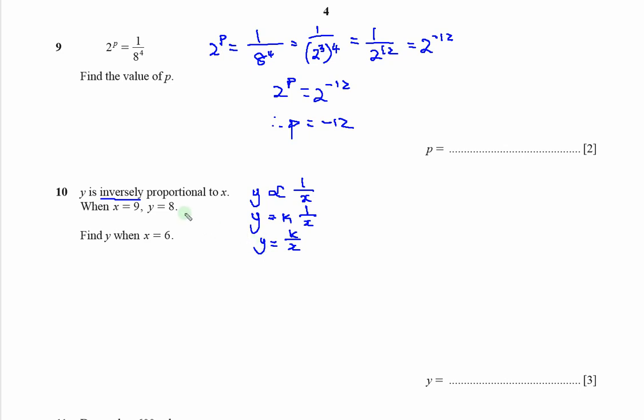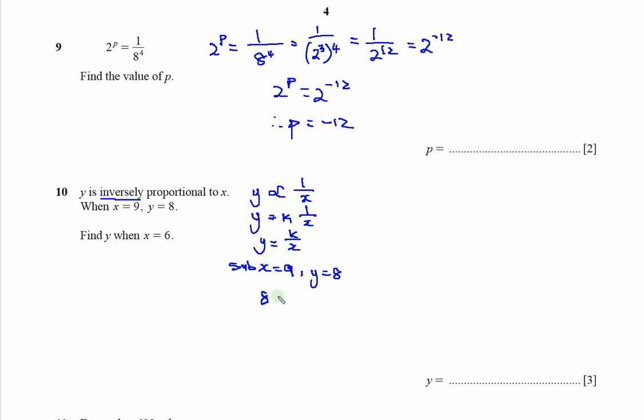Okay, now a set of values given when x equal to 9, y equal to 8. So what you're going to do is you're going to substitute this. So you're going to substitute x equal to 9, and then y equal to 8. When you substitute x equal to 9 and y equal to 8, you have only one unknown, which is K. By substituting these two values, you are able to find K. So let's do it.